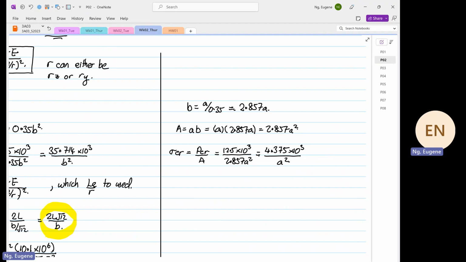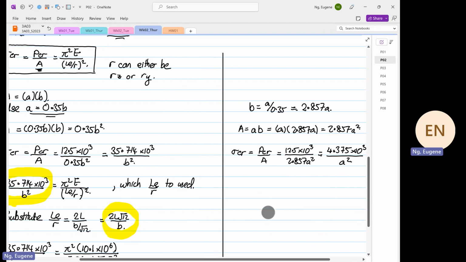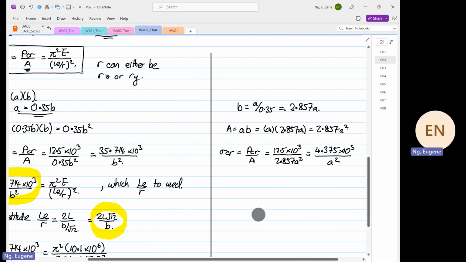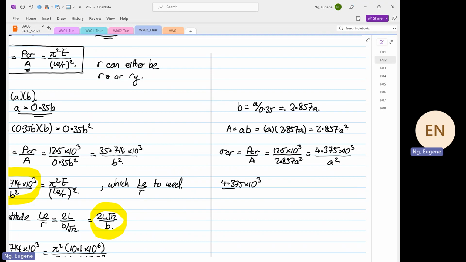Again, we now have this relationship, which is equal to 4.375 times 10 to the power 3, and then we have this whole thing over A squared, and this will be equal to pi squared E over (LE over R) squared.